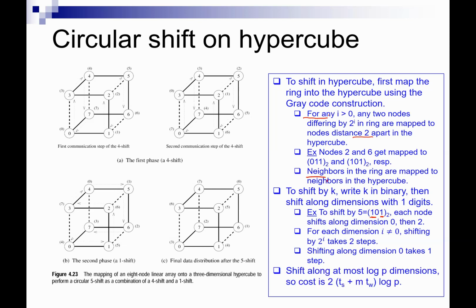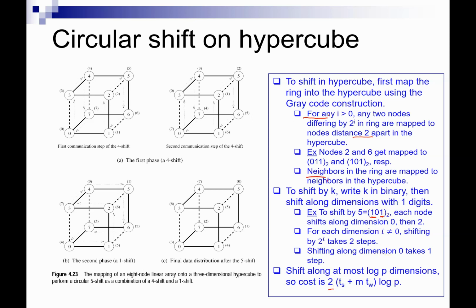Therefore, the total number of steps that you need to take is, at most, we need to shift along all of the dimensions. There are log p dimensions, so at most, all of these digits are 1s, and we need to shift in every dimension. Shifting in each dimension other than the first one is going to take us 2 steps, and shifting in the final dimension just takes you 1 step.